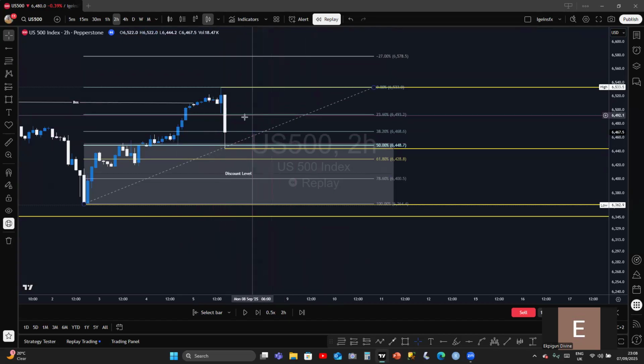Now, anything that makes price break below this 23.60, you know that the next support level is 38.20. If it breaks this 38.20, it must get to this point.